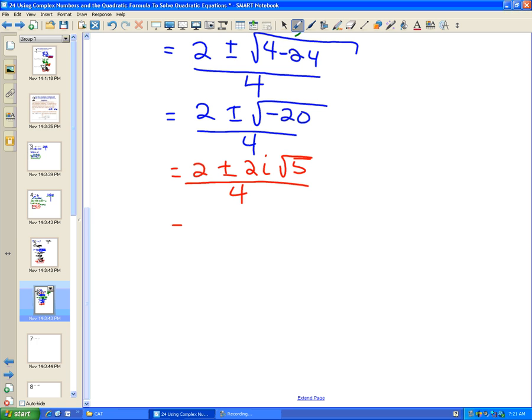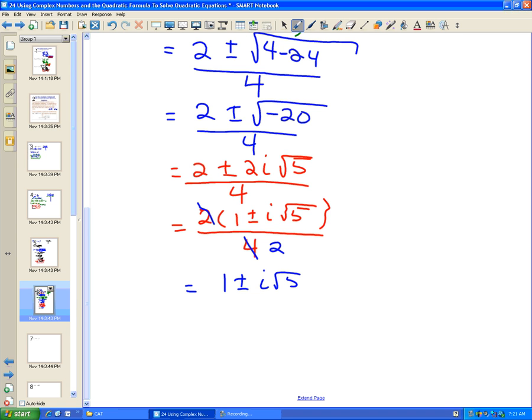This time I'm going to factor out a 2 out of my numerator, and that's going to be over this 4. It's going to cancel out and reduce with that 4 to give me 2. So I end up with 1 plus or minus i square root 5 over 2, which I can leave as my answer.